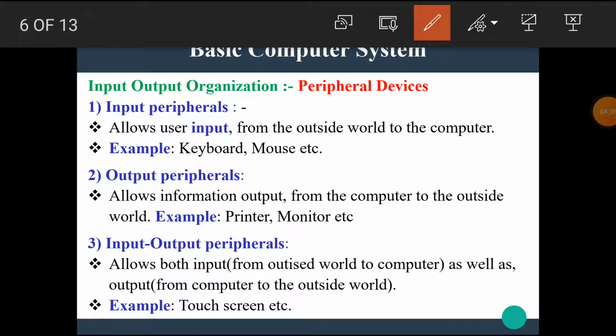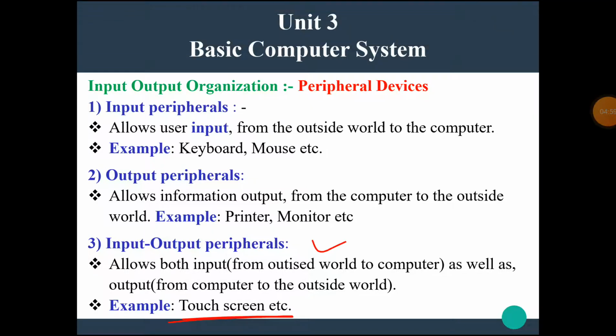The input-output peripheral allows both input from the outside world to the computer as well as output from the computer to the outside world. For example, the touch screen or the touch display. This is an example of an input-output peripheral.